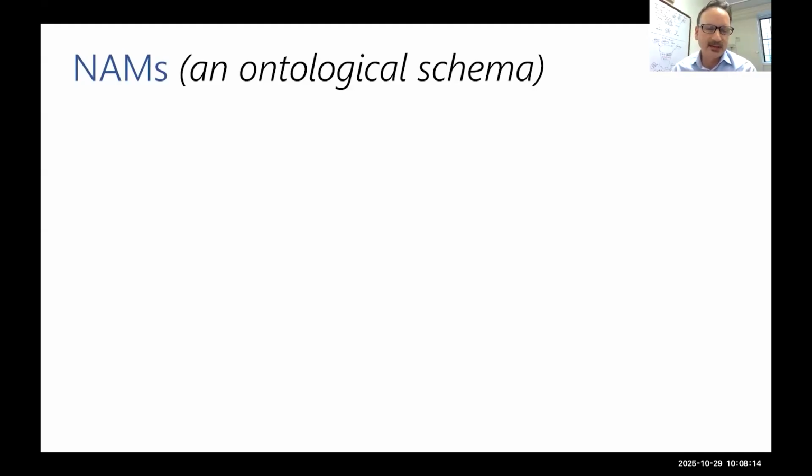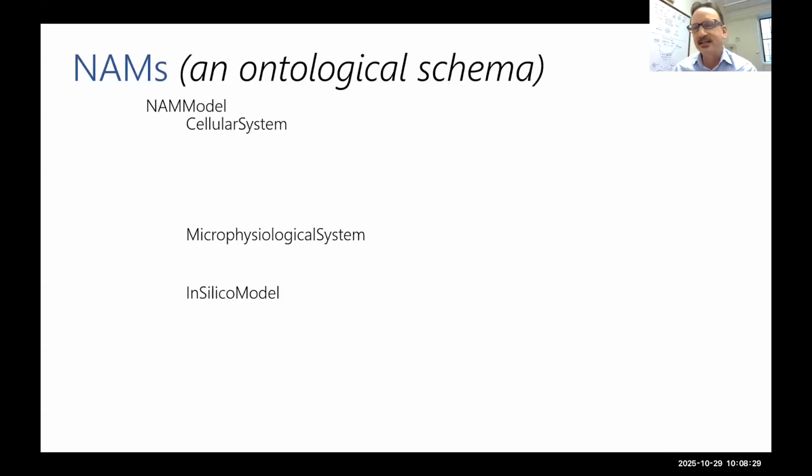But there are other examples out there, including this NAMO ontological schema that I found, which I think is a nice representation of NAMs. So it is this hierarchically arranged set of ideas and components of NAMs. There is the NAM model as kind of the parent term, as it were, and then there are child terms related to cellular systems, microphysiological systems, and in silico models.